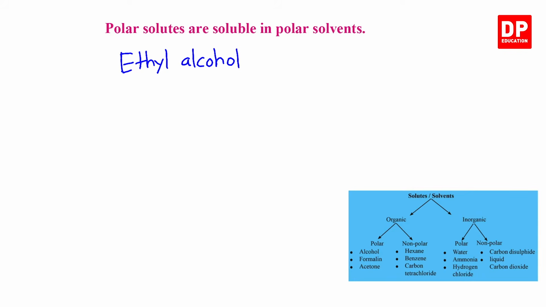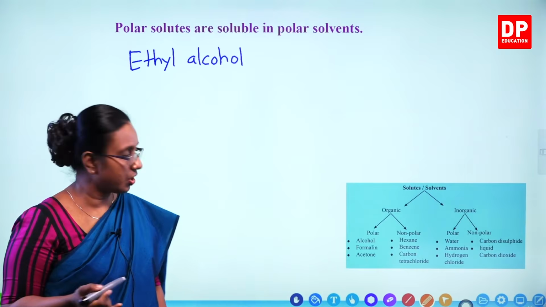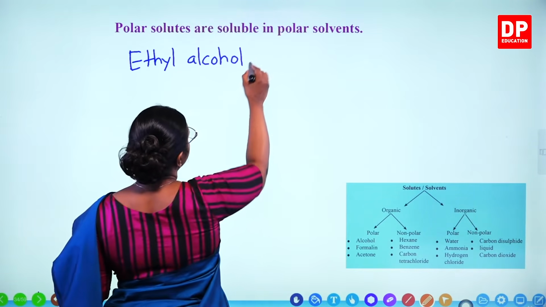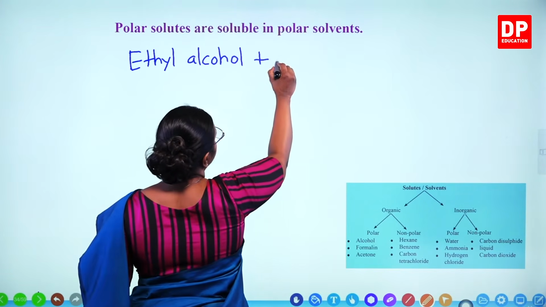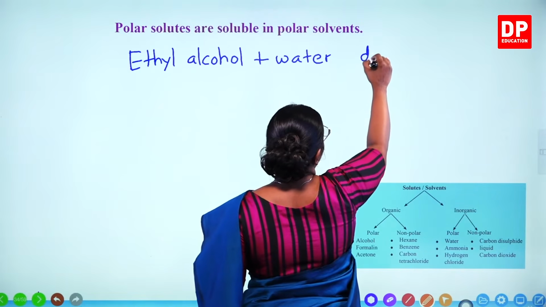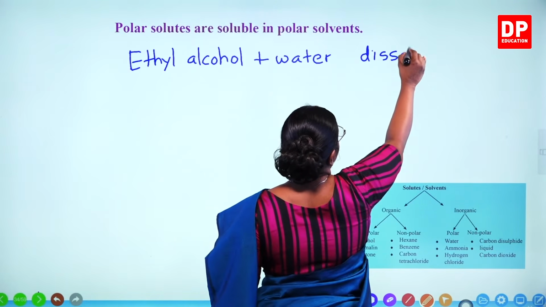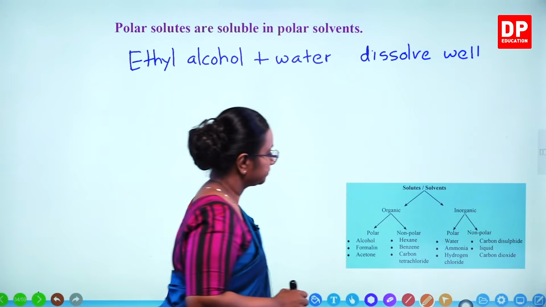When you write it as alcohol or ethyl alcohol, it refers to the same solvent. And the first, inorganic polar solvent, water. They both dissolve well, or mix well.